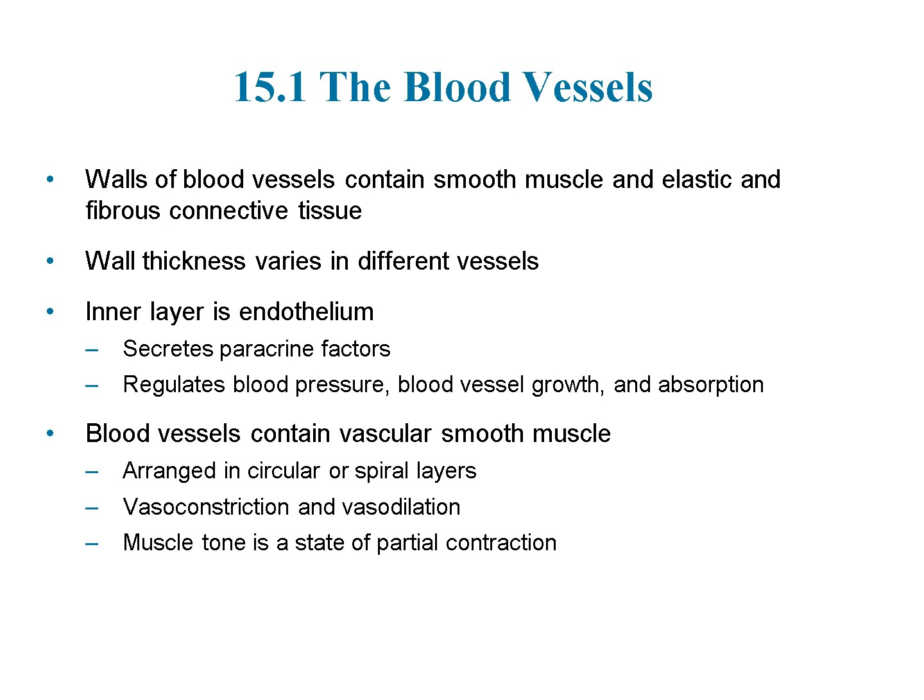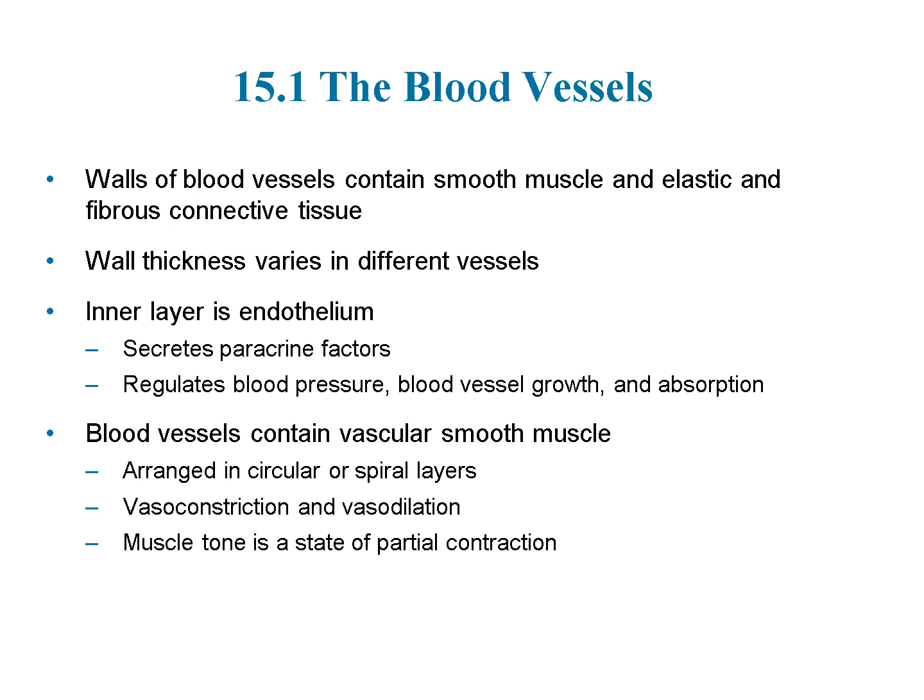Arteries, which carry blood away from the heart, have thicker walls to withstand high pressure, while veins have thinner walls with valves to help blood return to the heart. The inner layer of blood vessels, called the endothelium, is more than just a lining. It secretes paracrine factors that influence vascular function and helps regulate blood pressure, blood vessel growth, and nutrient absorption.